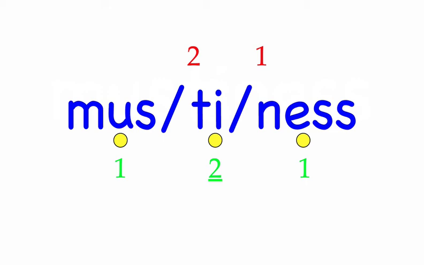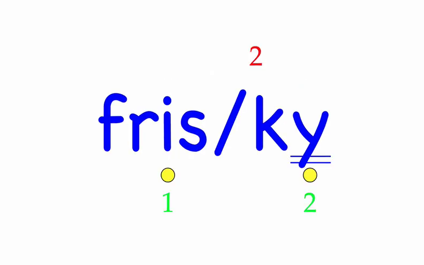Frisky, friskiness. Frisky, two syllables. First syllable, fris, four sounds, f, r, I, s. Key, two sounds, k, e. Frisky, mark the word, frisky.